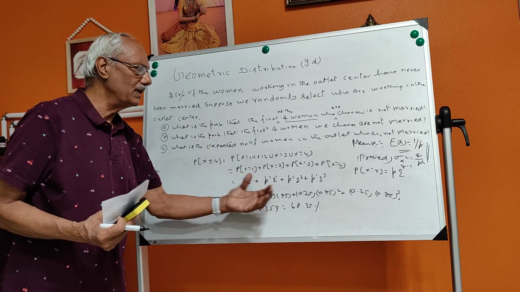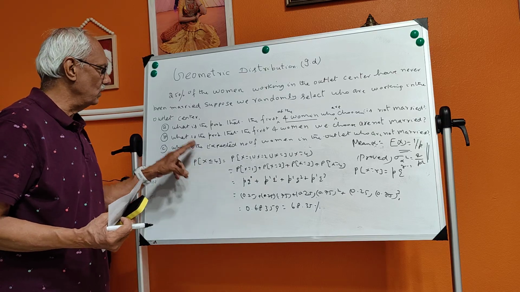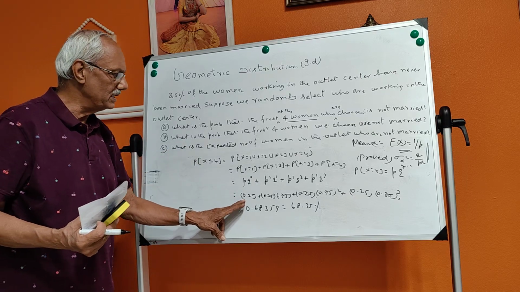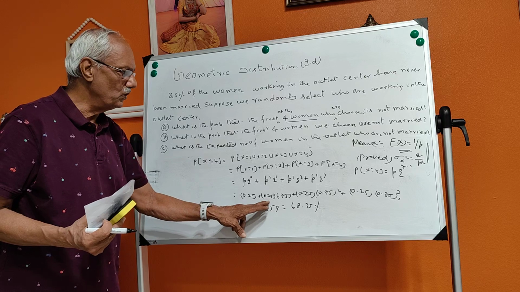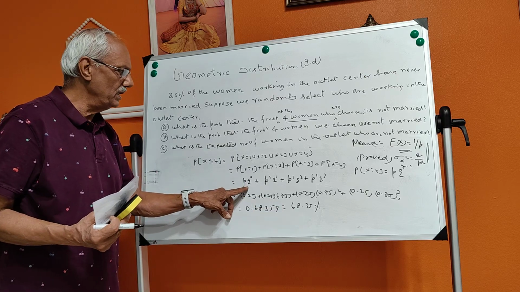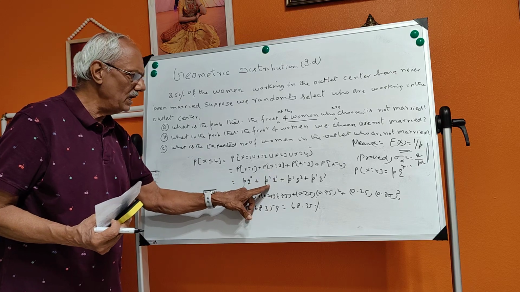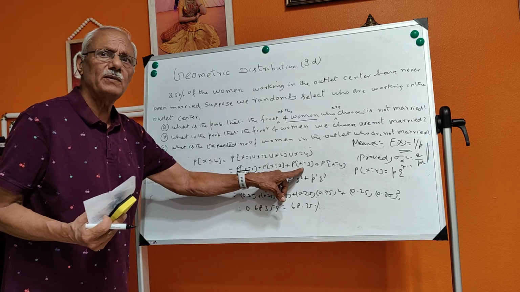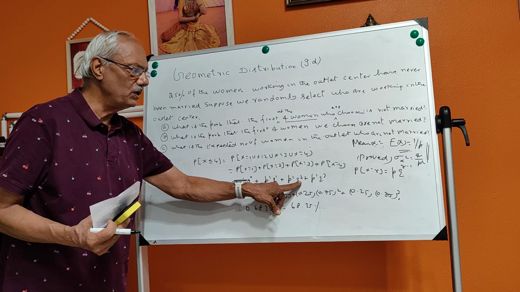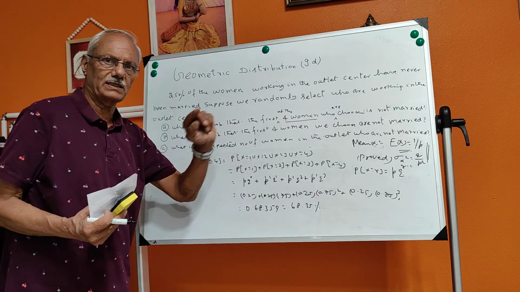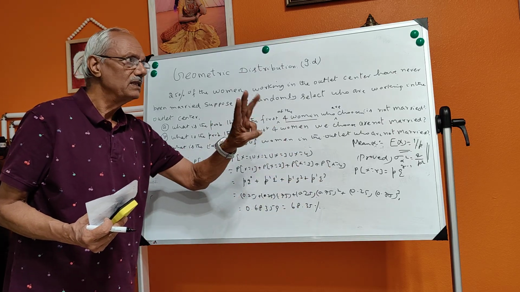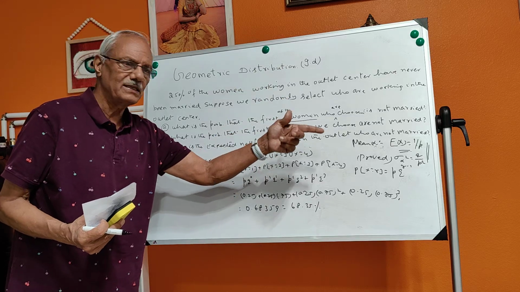So if you calculate in that way, P of x is less than or equal to 4, then we see that this is 0.25 plus 0.25 into 0.75. This is P into Q^0 if it is 1 woman. If it is 2 women, P into Q. If there are 3 women, you take P into Q squared, because 2 failures and then the success. And here it is 3 failures and then the success.